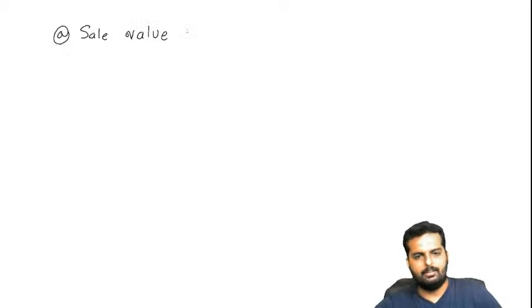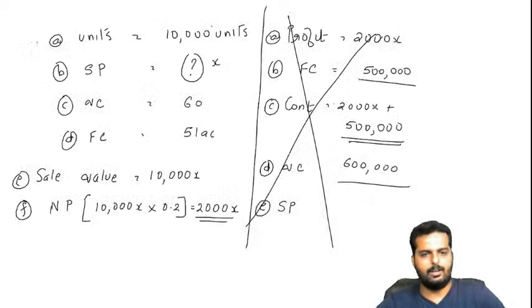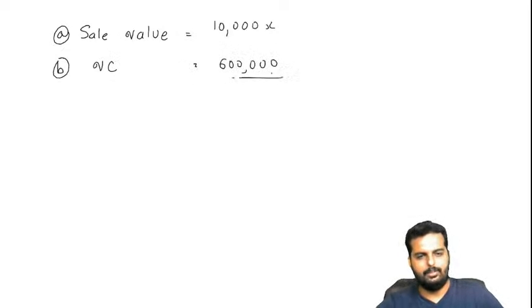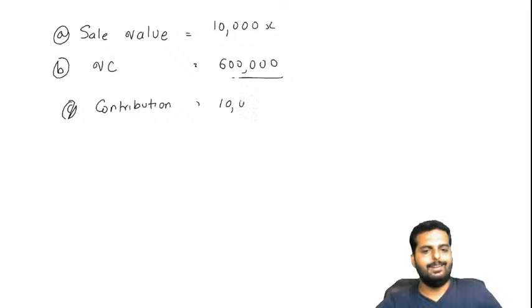I'll start with sales value. Okay, what is the sales value that we are having over here? Is it turning out to be 10,000 X? My variable cost would turn out to be 6 lakhs. This would be easier to understand. My contribution would turn out to be 10,000 X minus what? Minus 6 lakhs.